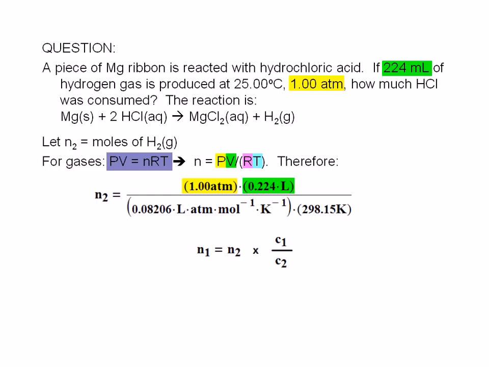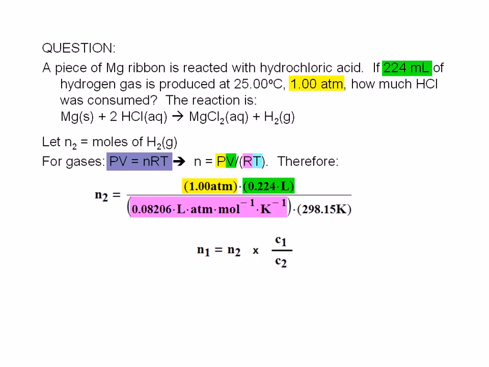We convert the volume to liters so that we have unit consistency with the value of R that is typically given on tests. R is equal to 0.08206 liter atmosphere per mole per Kelvin.